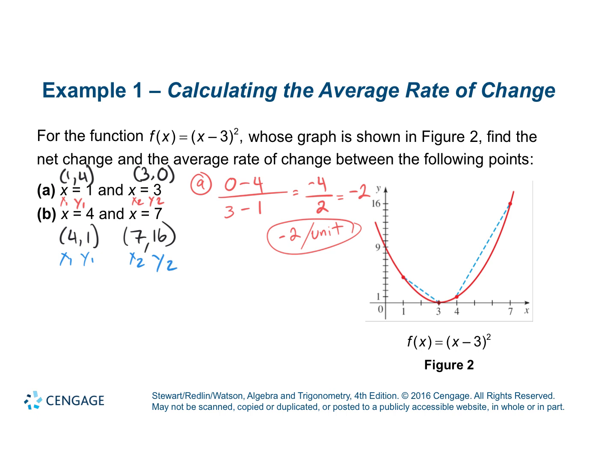If you chose them the other way, that is fine. You're going to get 16 minus 1 over 7 minus 4. This is for B. So it's going to give us 15 over 3, which is going to give us 5. Now you can either, again, leave it as 5, or you can write 5 per unit.